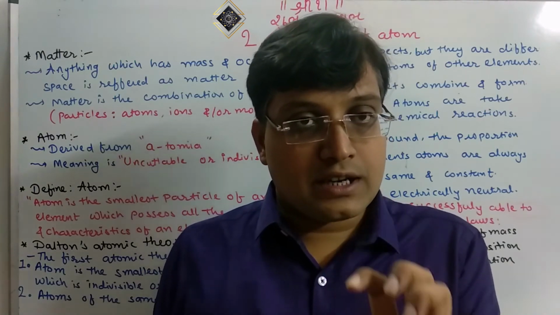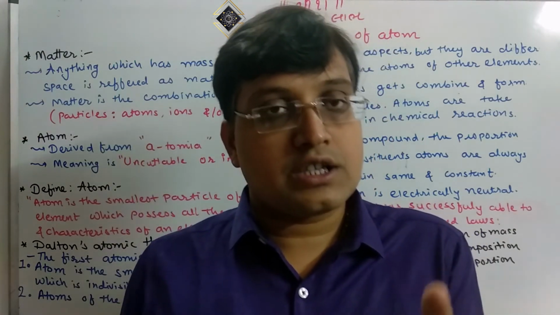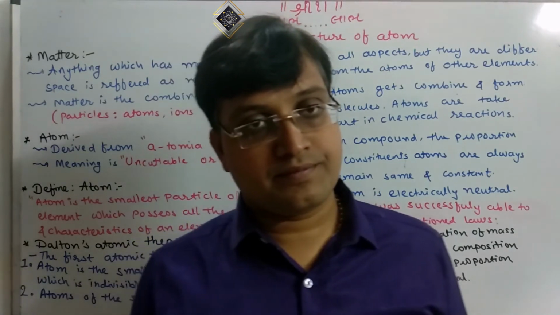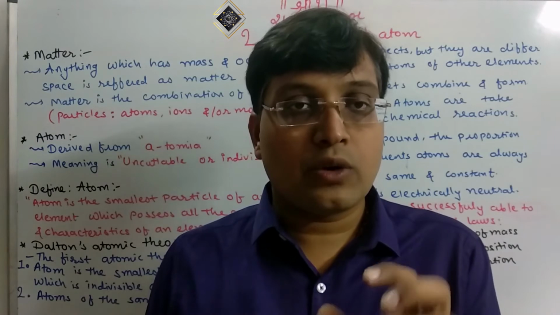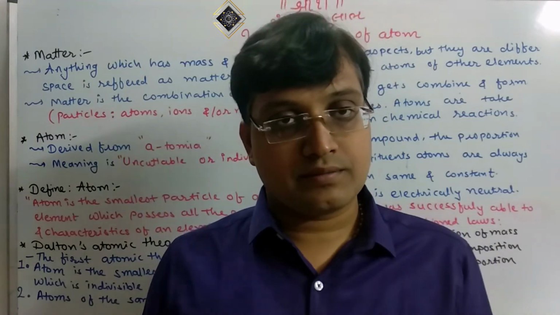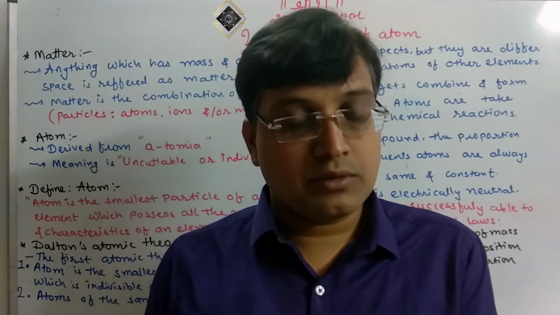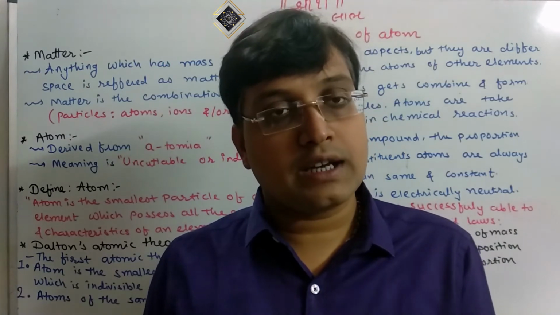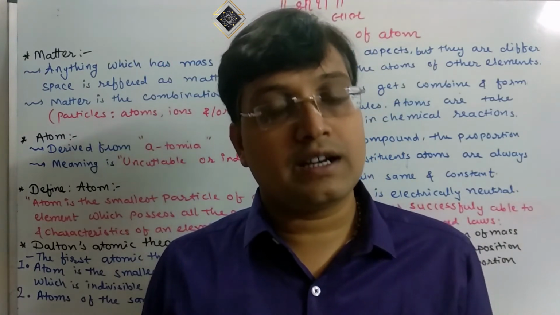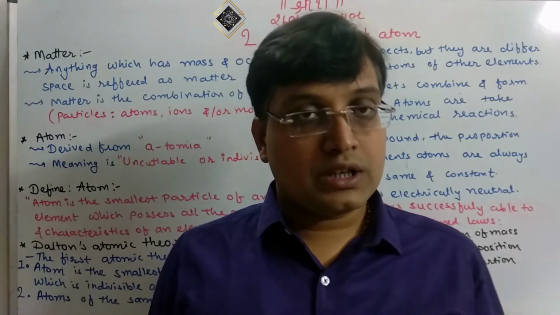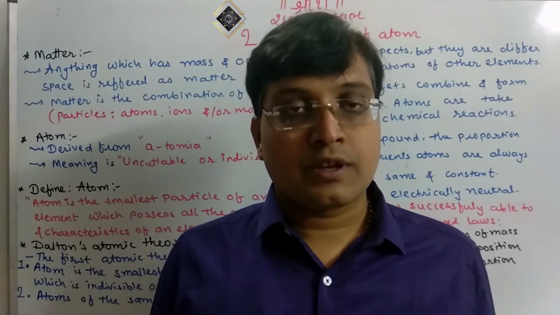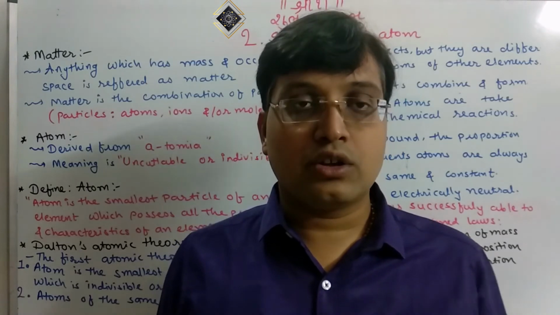Because of this electricity, it can attract the small pieces of paper. If atom is electrically neutral, then how can it get electricity? That means the atoms of that scale, how can they accept or get electricity? Clear or not?